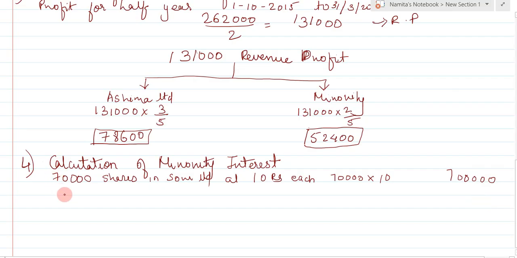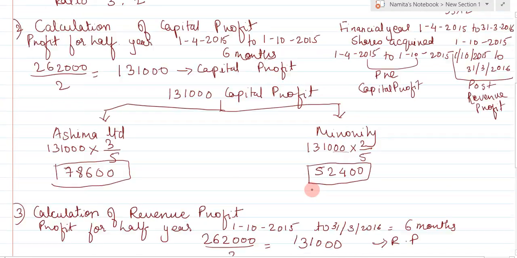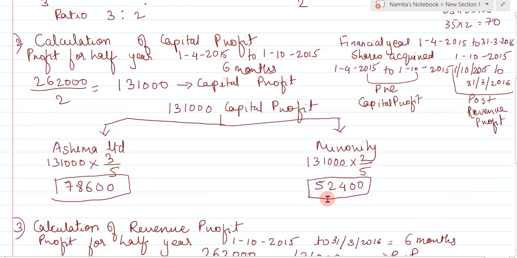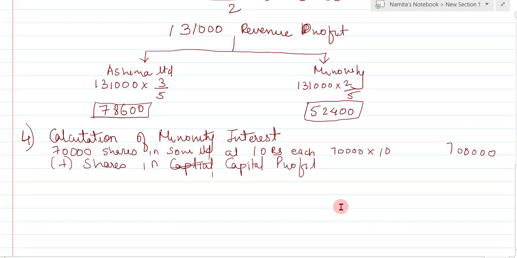Next we have to add the share in capital profit. So what is the share of minority in capital profit? In capital profit, 52,400. So we have to add it to 7 lakh rupees.